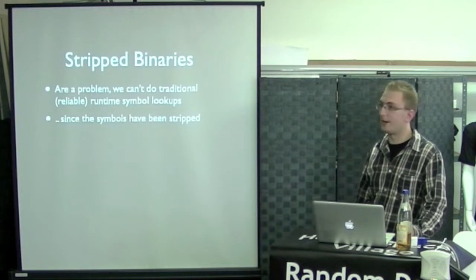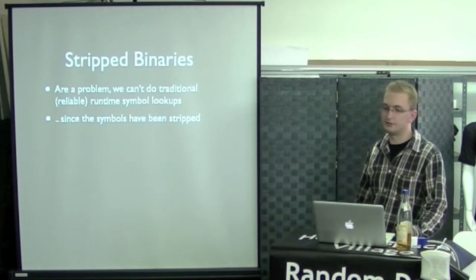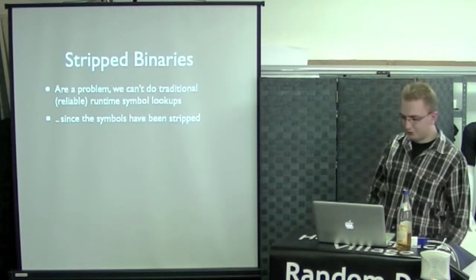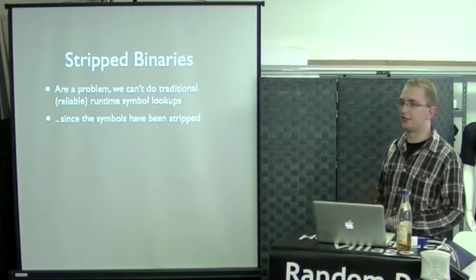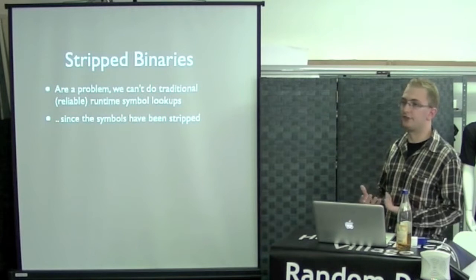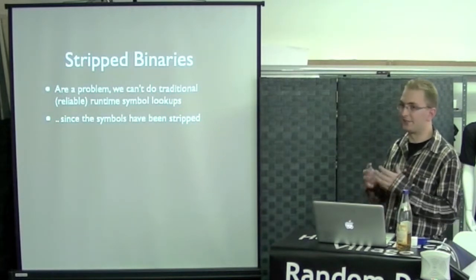Then we have stripped binaries. Ubuntu likes to strip a lot of important binaries to make my life a lot harder. So what does stripping mean? An executable has symbols, which are, well, when you're coding, you write function names, like function do_this and do_that. Those are basically symbols. This is information the compiler retains when compiling and linking your binary.